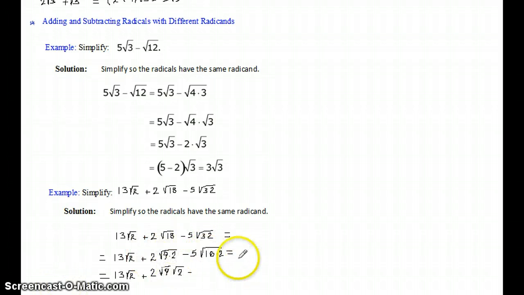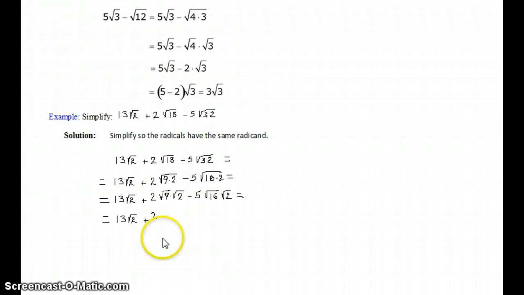Now for the second and the third radical, we can apply the product property of radicals. Square root of 9 times 2 will equal square root of 9 times square root of 2. And square root of 16 times 2 will equal square root of 16 times square root of 2. Square root of 9 is 3.